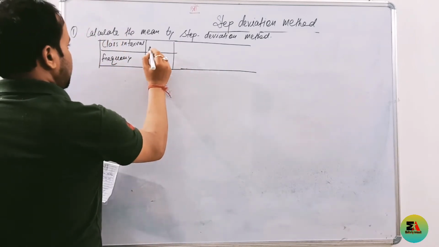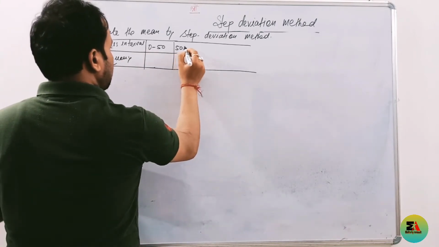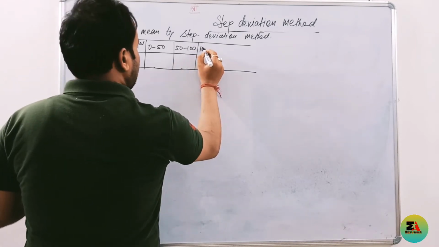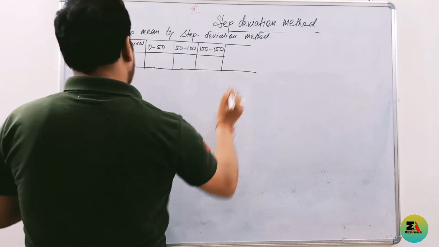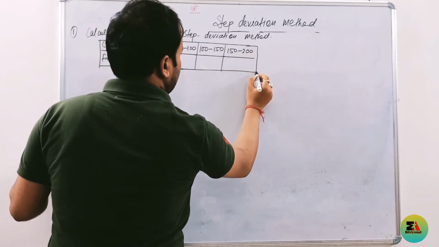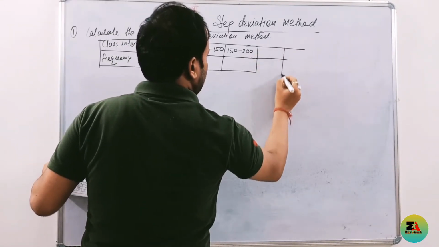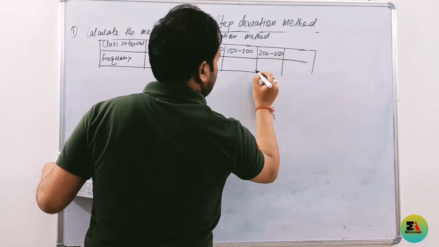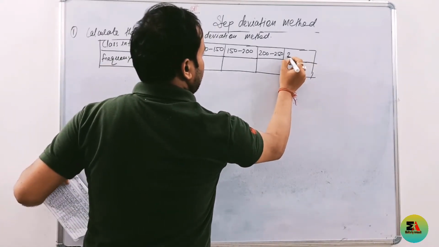Our first class interval is 0 to 50, 50 to 100, 100 to 150, 150 to 200, 200 to 250, and the last one is 250 to 300.